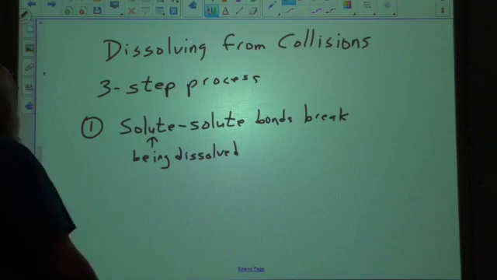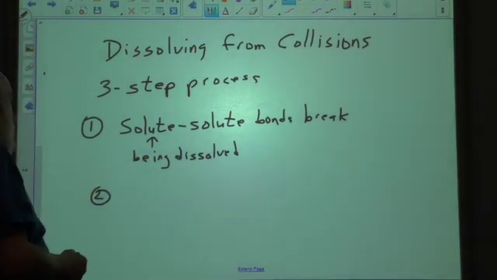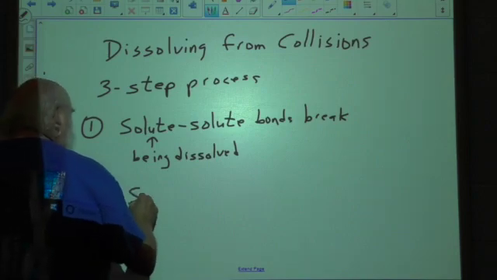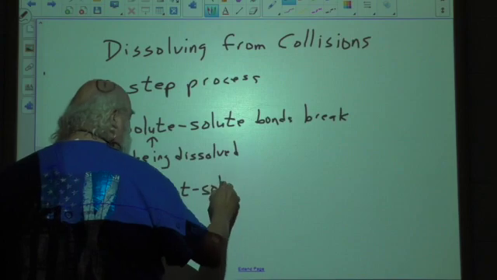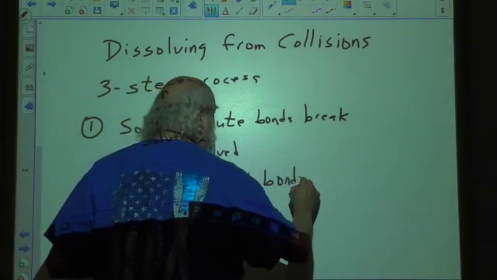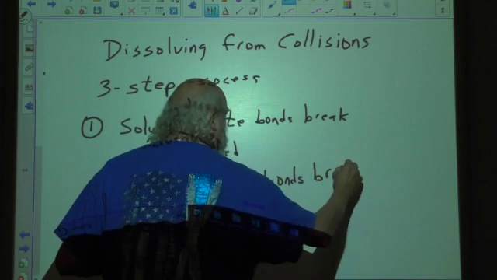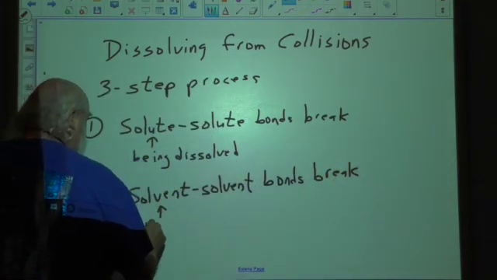Okay? Second step, at the same time when this collision occurs, you have to have solvent to solvent bonds break. And solvent is the stuff that's doing the dissolving.